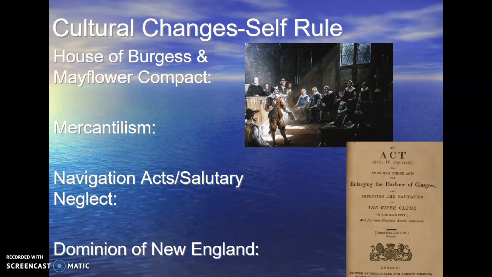All right, shifting gears. So we start to see what essentially are challenges to self-rule. Mercantilism is this policy that was adopted by almost every single country in Europe except for the Dutch that basically said the colonies exist to make money. All the resources and benefit of the colony needs to go back to the mother country, the country that owns the colony or runs the colony.